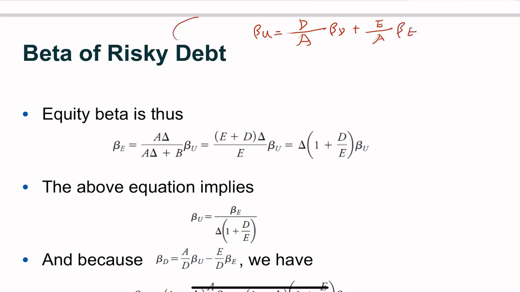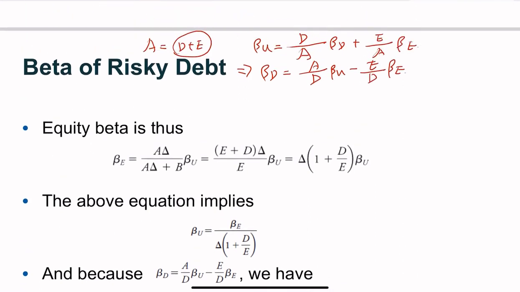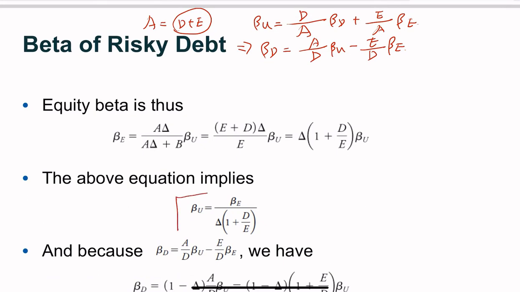You're getting this because the market value of firm's asset can be considered as a portfolio of debt plus equity. And then this will tell us beta D equals A divided by D times beta U minus E divided by D times beta E, right? And we just learned beta U equals this guy, right?